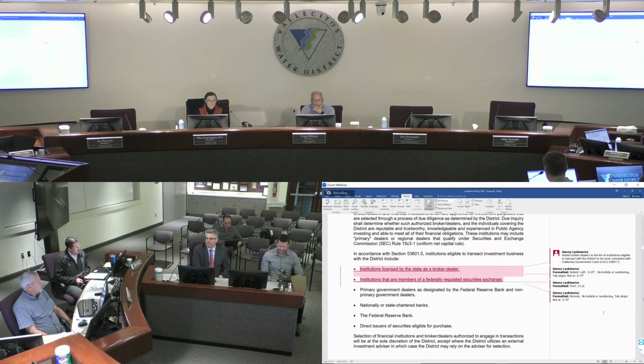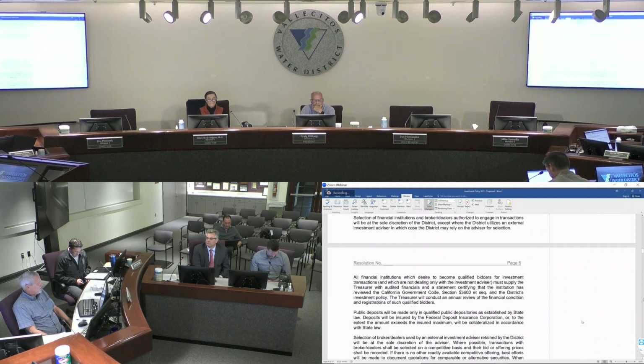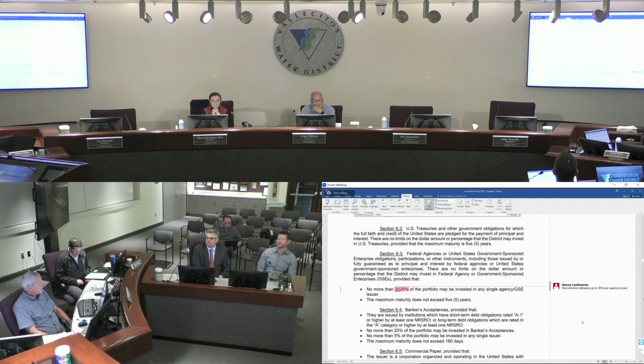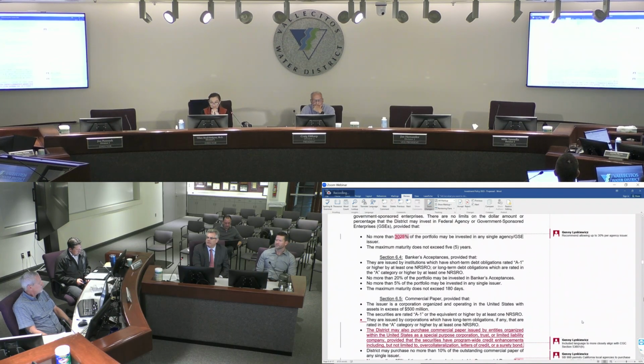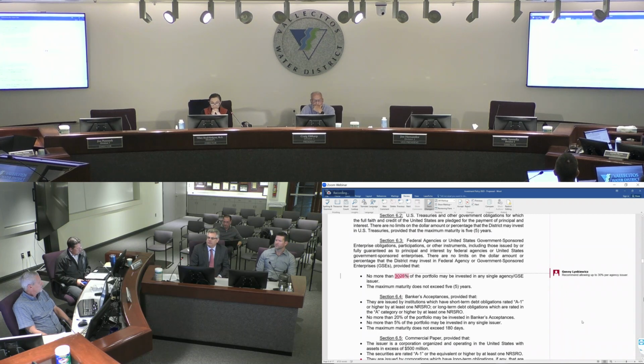And then as we move forward from there, here you can see that we're looking to recommend increasing the amount from 25 to 30% per issuer for federal agency securities. Remember that these are agency securities that are guaranteed by the agencies themselves.